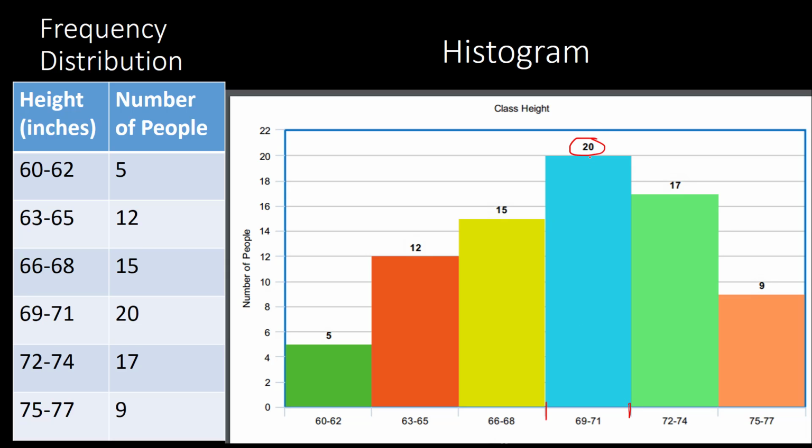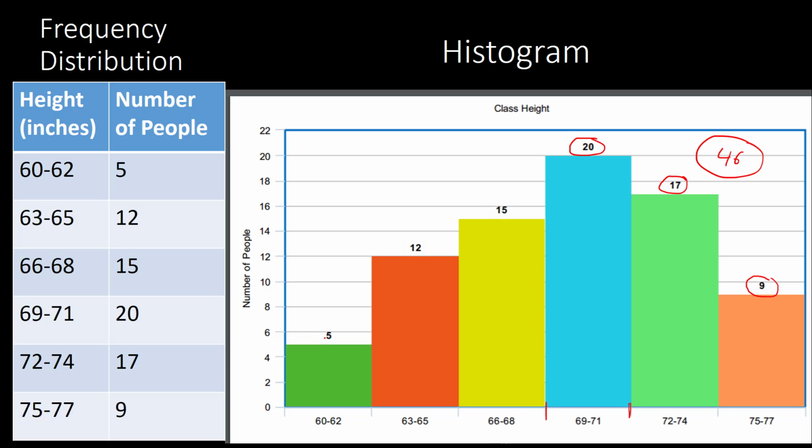So we have 20 people that fall within 69 to 71 inches. We have 17 people within 72 to 74, and then 9 people that fall within 75 to 77 inches. So if we add those 3 up, we would have 37 plus 9, or 46 people that have a height of 69 inches or greater.